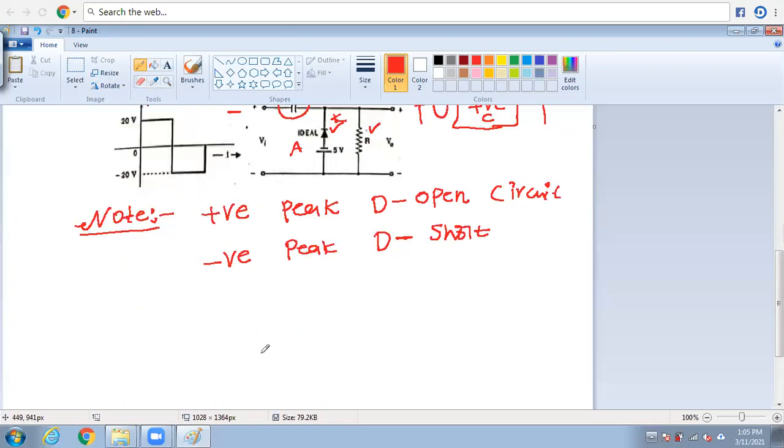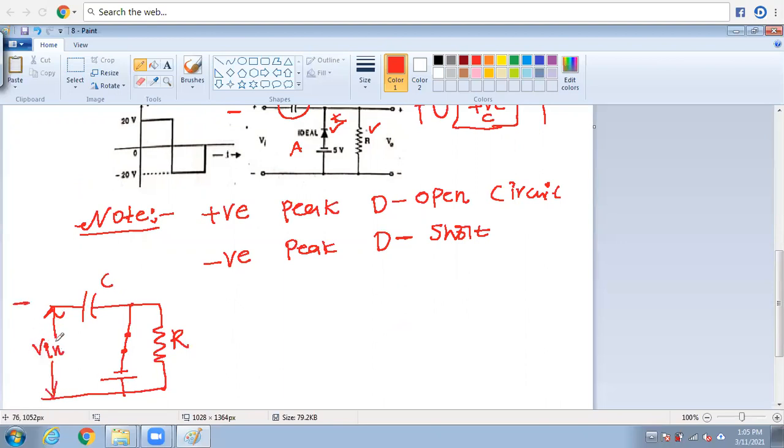Once it is short, I will redraw this circuit diagram in a neat manner. This is the capacitor, this is the reference voltage as it is, this is the output resistance that should be treated as R, and this is the input voltage, V input.